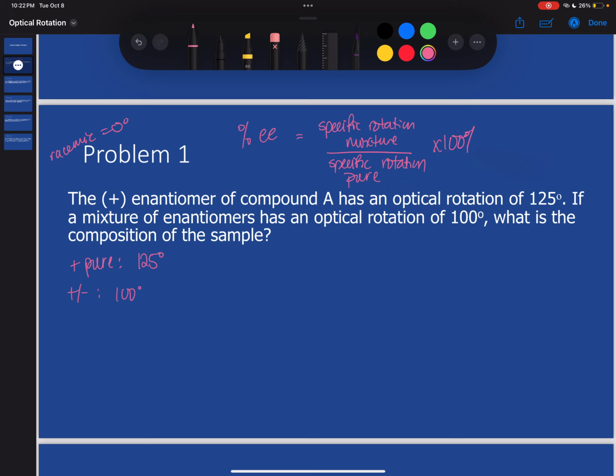Sometimes you might hear me say dirty divided by pure, the mixture divided by the pure, the reference number. And you'd have to be told the reference of the pure.